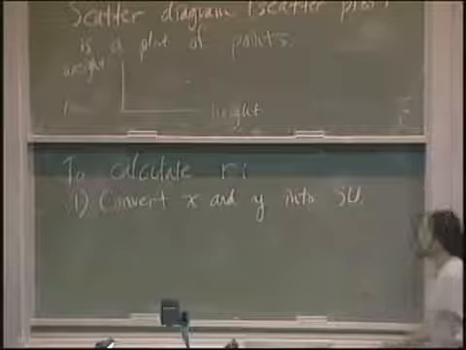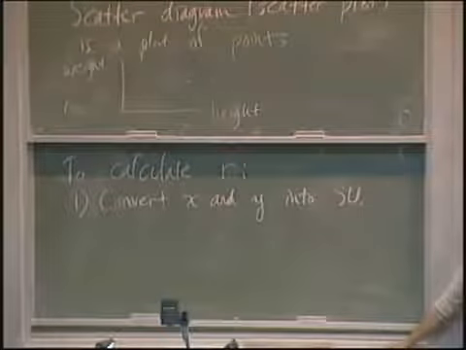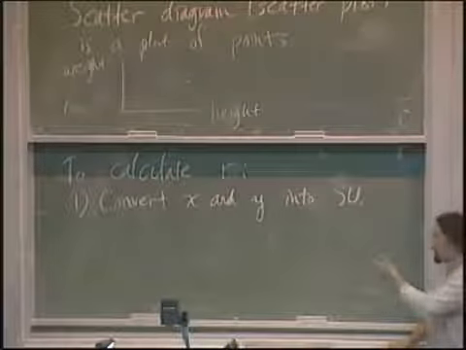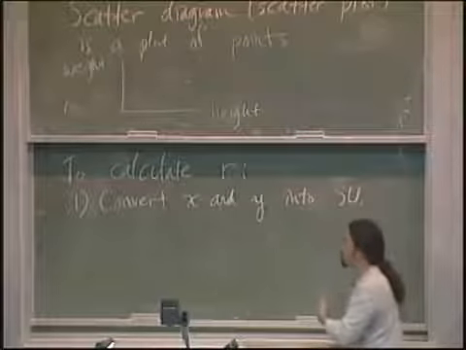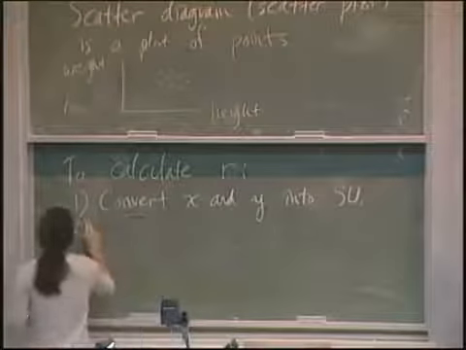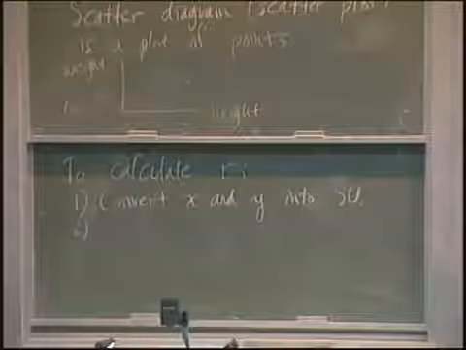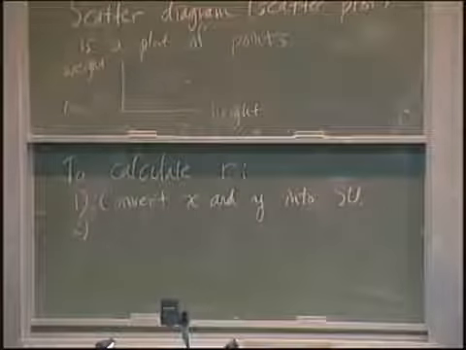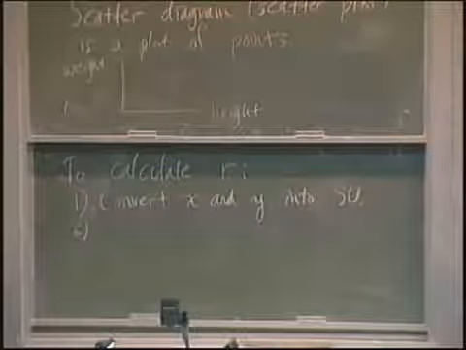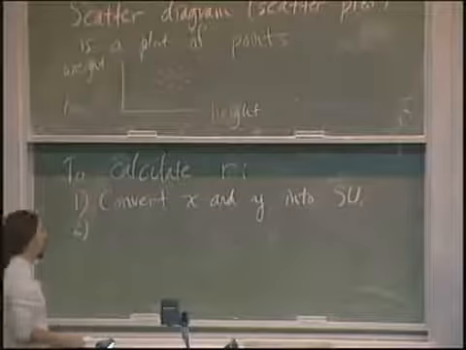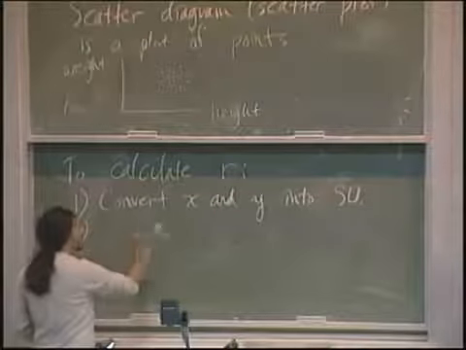So remember, for standard units, you need to take the value, subtract off the average, divide by the SD. And you need to do that for every x value and also for every y value. So, sort of annoying to do it for more than 4 or 5 points or so. But, you know, you can. Okay, so that's step 1.